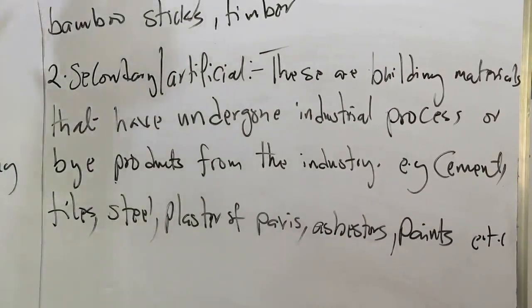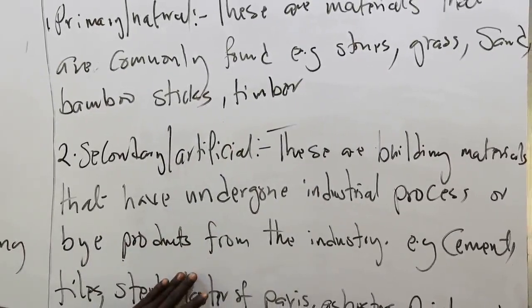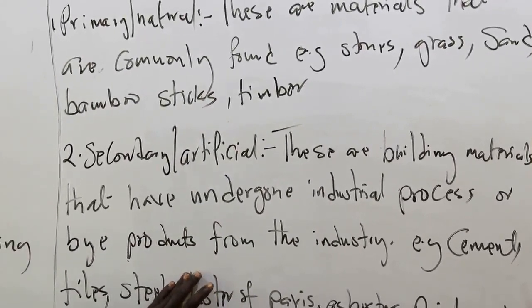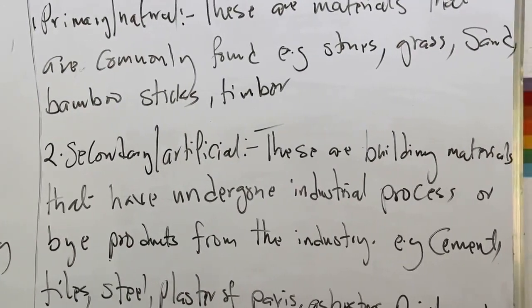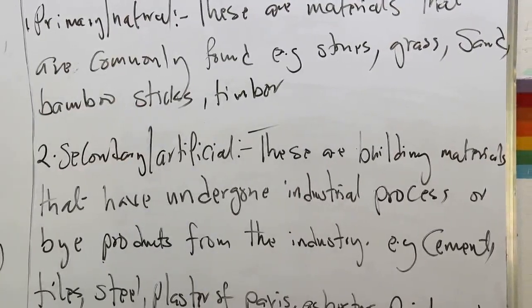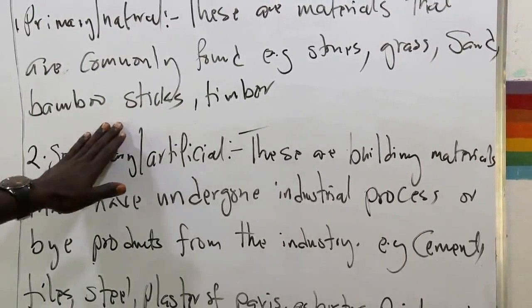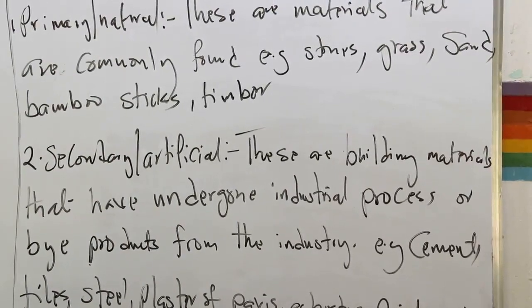Now you see the difference between the primary and the secondary building materials is that these secondary building materials have undergone industrial processes. Some of them are byproducts even. While the natural or primary building materials, they are naturally gotten.